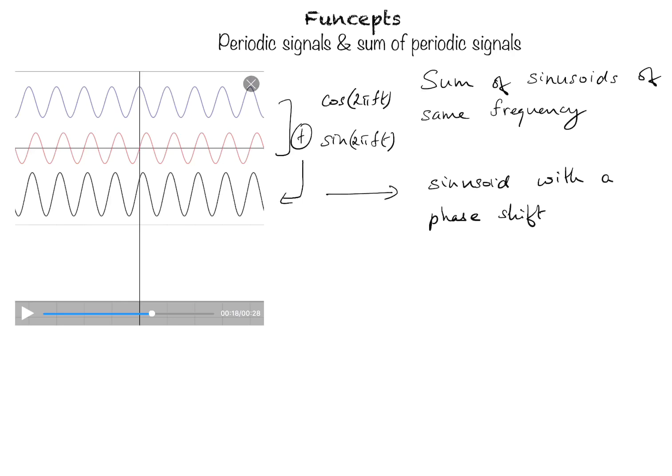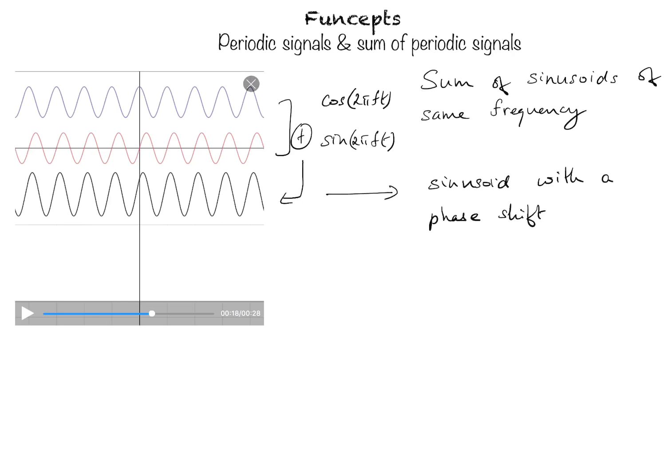So it results in a sinusoid with a phase shift. But again, the concept is that the sum of periodic signals is still periodic. Even though their phase may be different, because the cosine and the sine are periodic, the resultant of adding those two is also periodic, albeit with some phase shift.